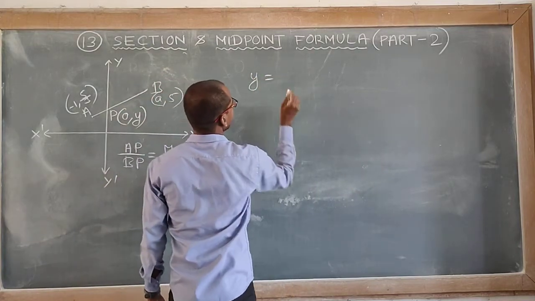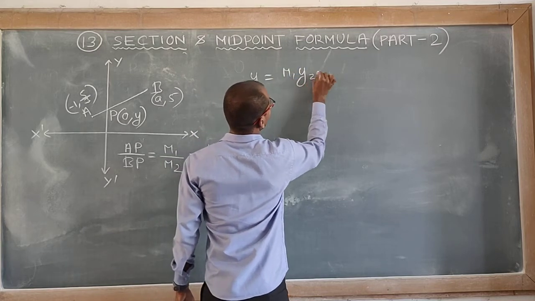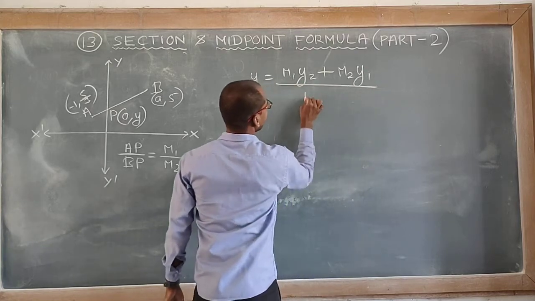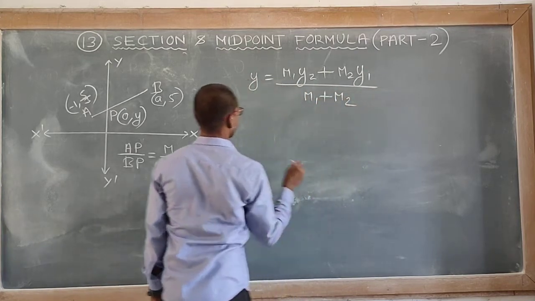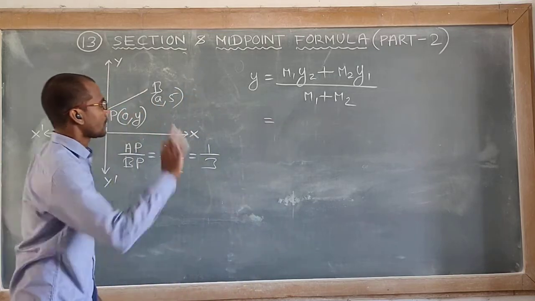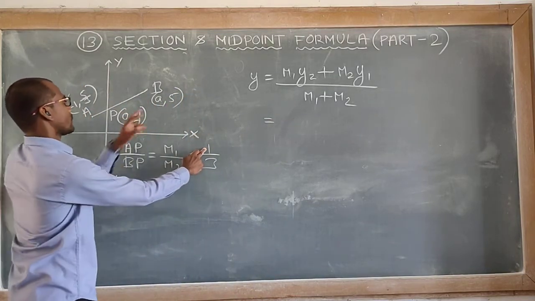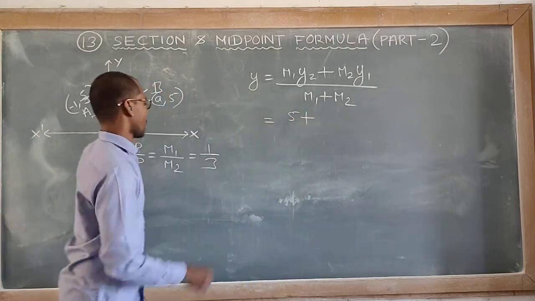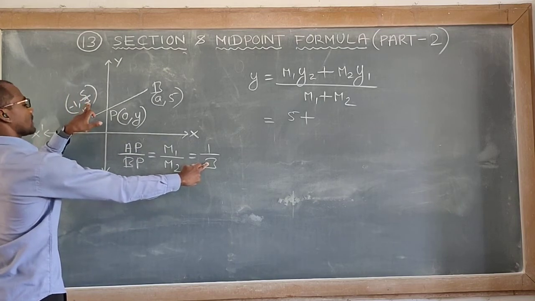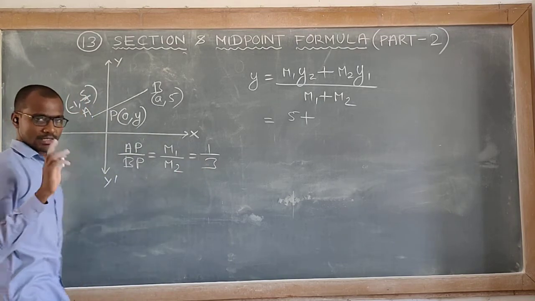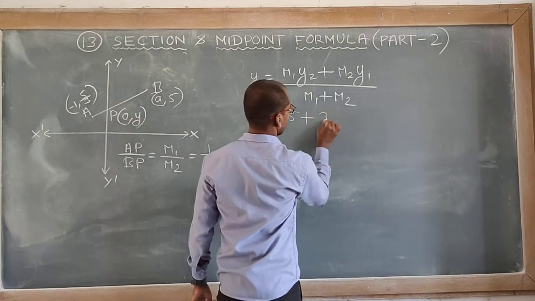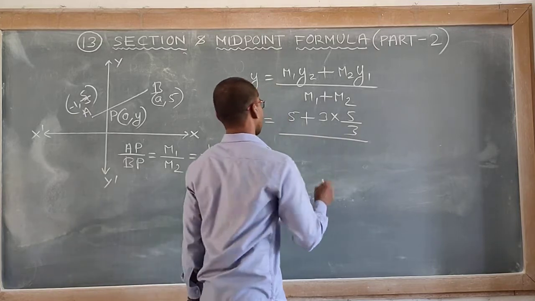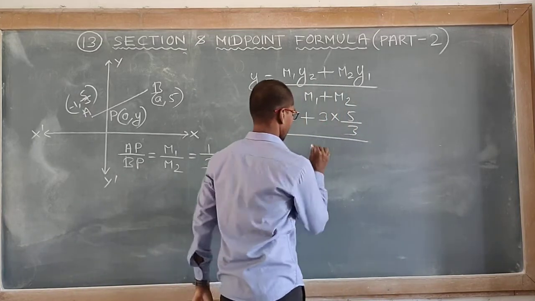The formula is y equal to (m1 y2 plus m2 y1) by (m1 plus m2). m1 is 1, y2 is 5, so 1 into 5 is 5. m2 is 3, y1 is 5/3, so 3 into 5/3, the 3 cancels, giving 5. And m1 plus m2 is 1 plus 3, which is 4.